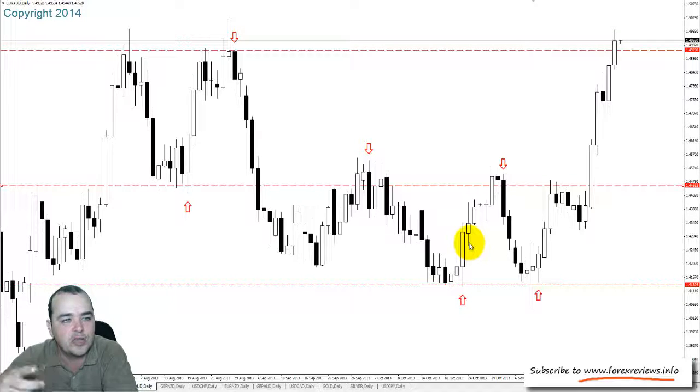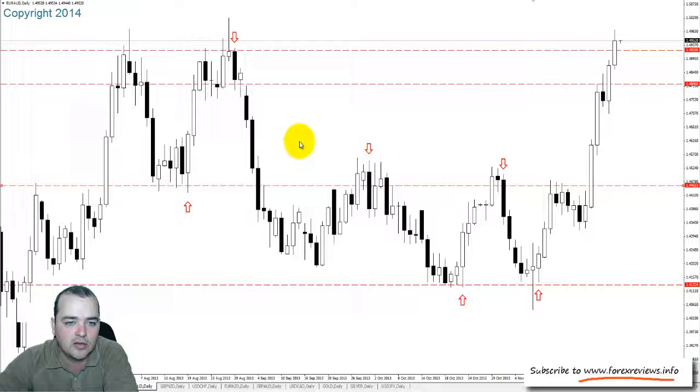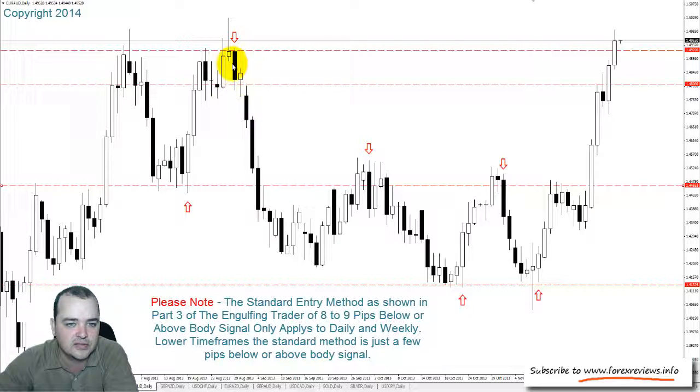Basically, first of all, let's go over the two different styles that I've actually shown you in this video series. The standard one is to enter about 9 pips below. Say this is a bearish signal here, a bearish engulfing. This is the standard entry that I show you in the majority of the trading videos.